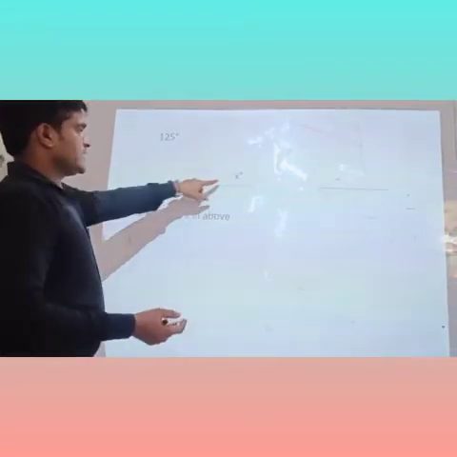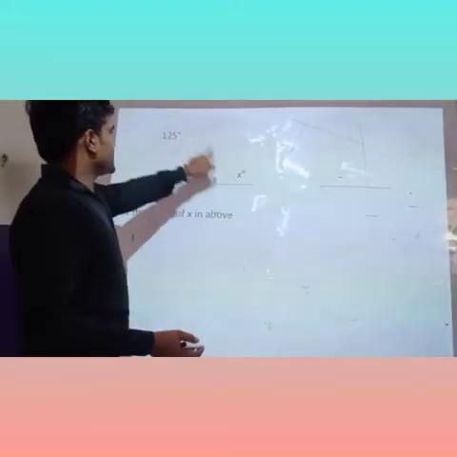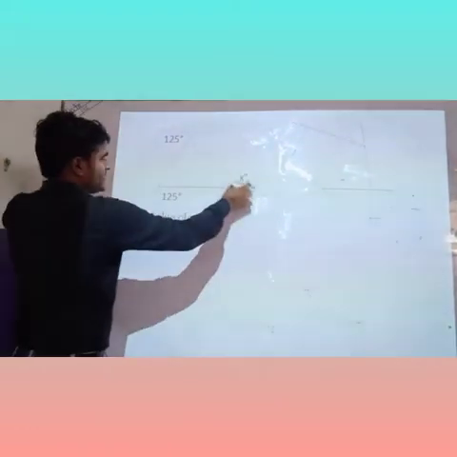Children, this figure is given, and we have to find the value of x. The angles are 125, x and 125, and these are the exterior angles.